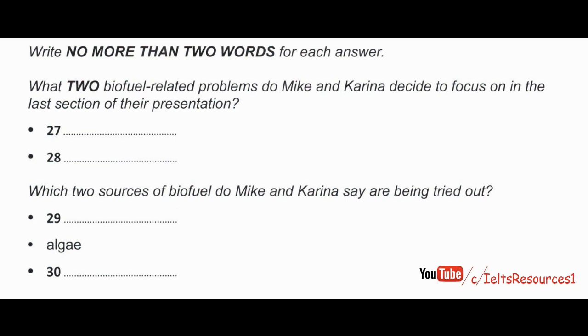It doesn't seem right we're using corn to run cars when people can't afford to buy it to eat. Yes, let's talk about that. The other thing is that in some countries, the way that biofuel crops are grown and harvested still produces a great deal of pollution, really damaging to the atmosphere. OK, that's definitely an issue we should look at.